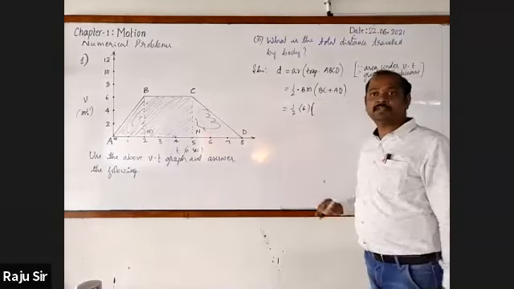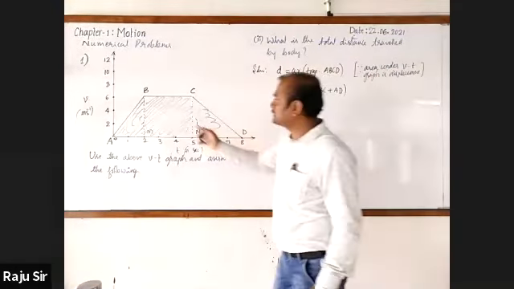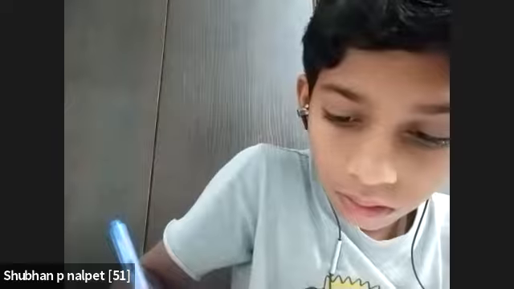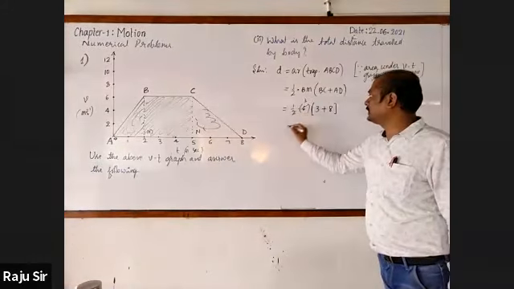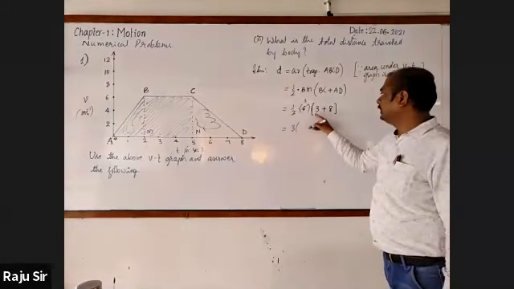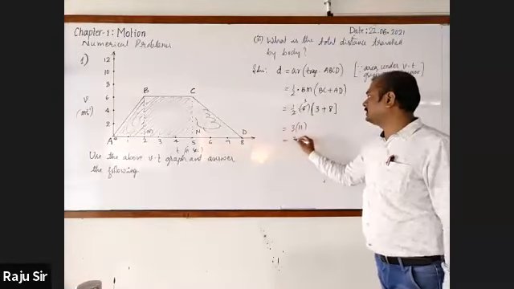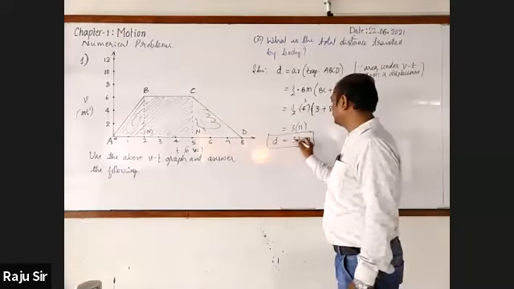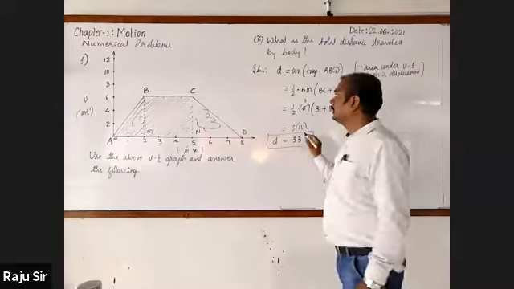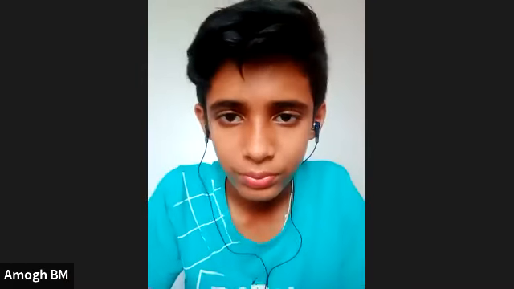Then BC plus AD: BC is 3 units plus AD, A to D, is 8 units. Here you may cancel. 3 into 8 plus 3 is 11. 11 threes are 33. D is equal to 33 meters.